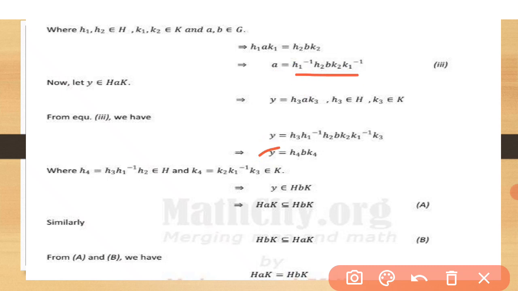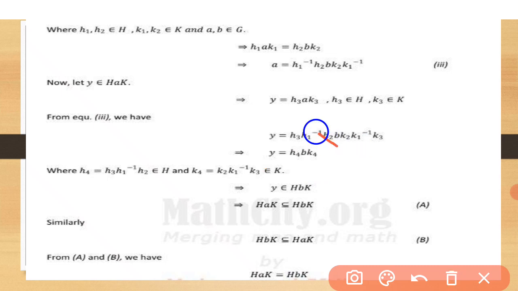So Y is equal to this H3 and this complete value here and this K3. Let me say that this complete thing is H4 and this is K4. And what do we see here?